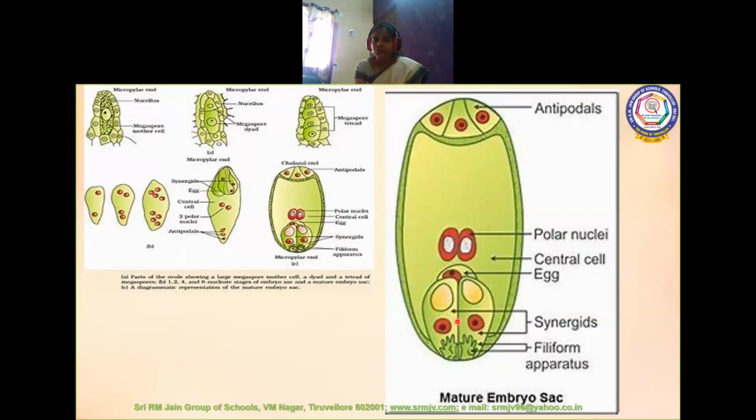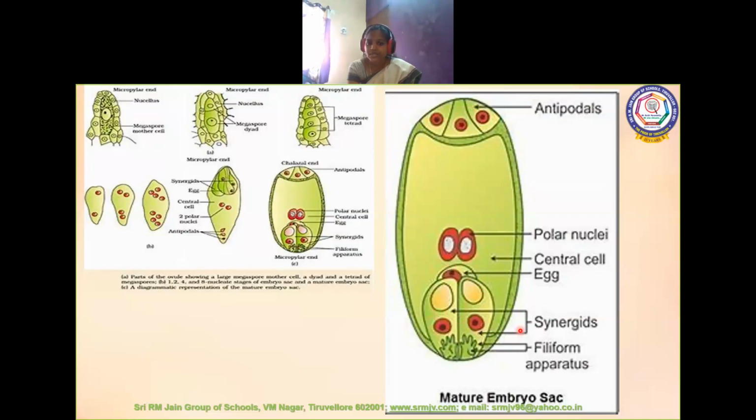This part of the embryo sac is called the chalazal end, and this is the micropylar end. The chalazal end has three cells, which we call the antipodal cells, and the micropylar end also has three cells.